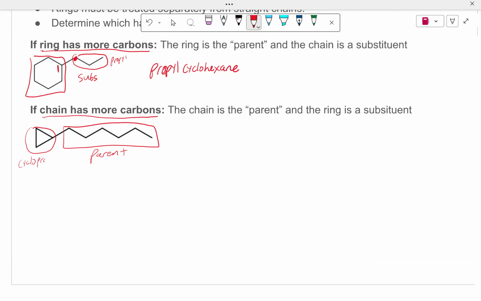Normally we would call this cyclopropane, so we drop that ending and add YL, called a cyclopropyl group. In this case, we are going to number the chain, defaulting to the regular rules that we've talked about. So we would name this one cyclopropyl, our substituent on the number one carbon, and then hexane is our parent chain.